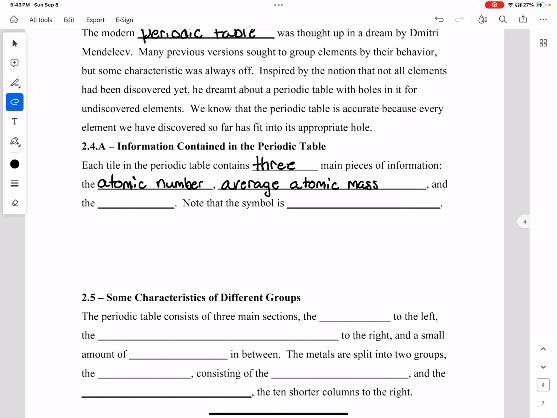Okay, and it tells us the symbol. And you need to note that the symbol is case sensitive. First letter is always capital, second letter is always lowercase.